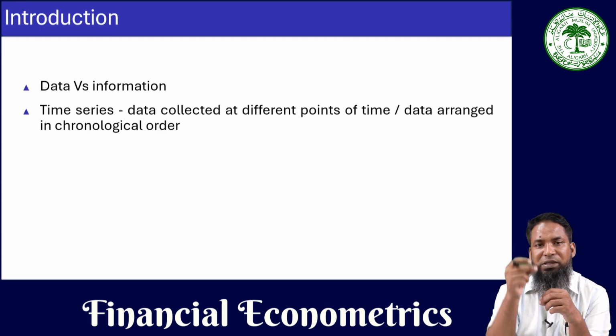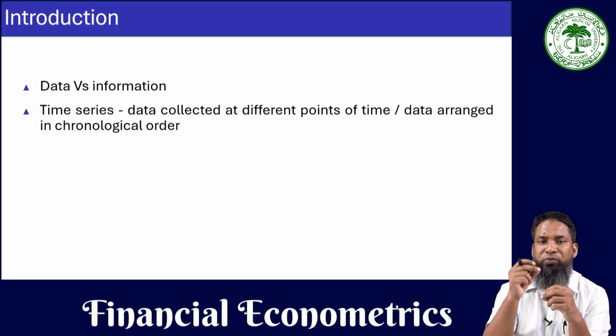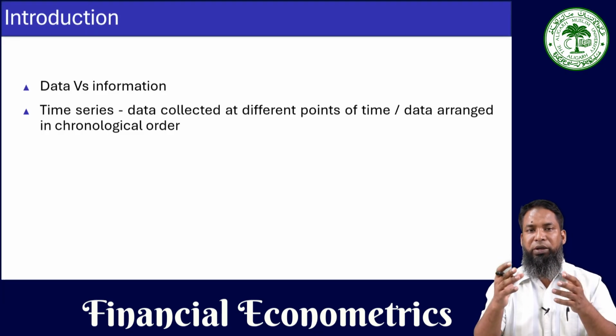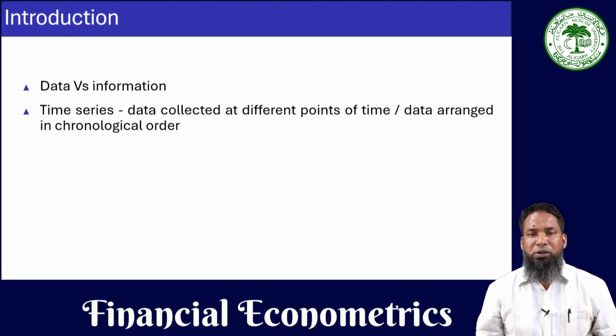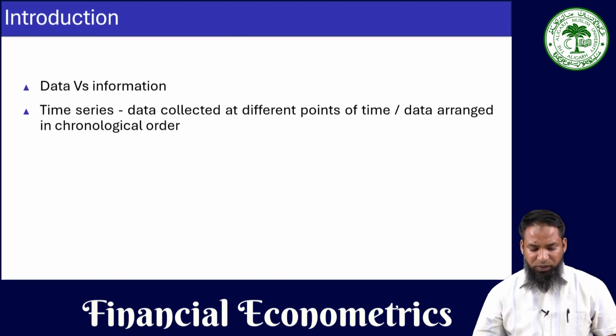We cannot have in one series some observations with a time gap of 1 month, and for some observations it could be one day. We can't have that. So in a time series we organize the data in a chronological manner, and the gap between two observations remains constant over the period of time.